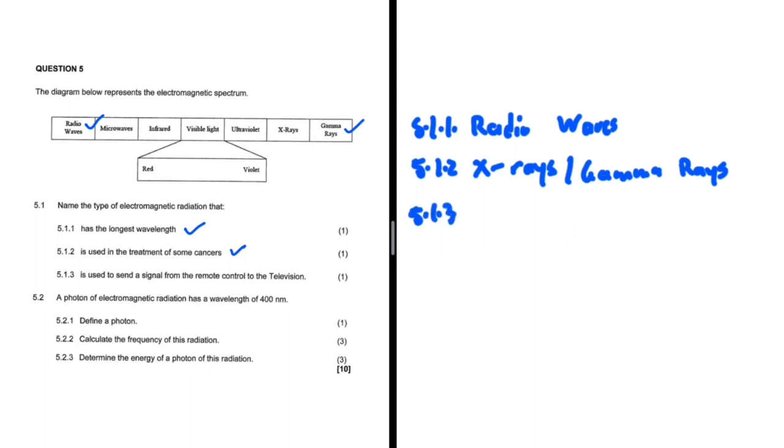5.1.3. Name the type of radiation that is used to send a signal from the remote control to the television. Infrared radiation. So actually, if you take a remote and press it, you don't see the light coming from that little bulb in the front.